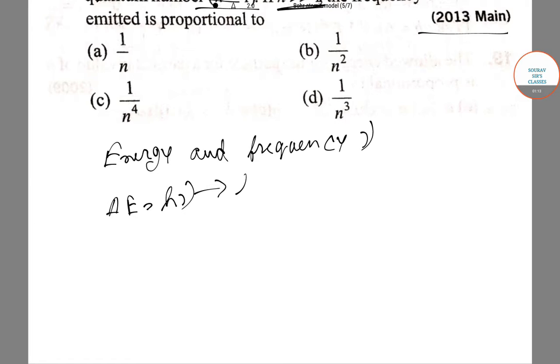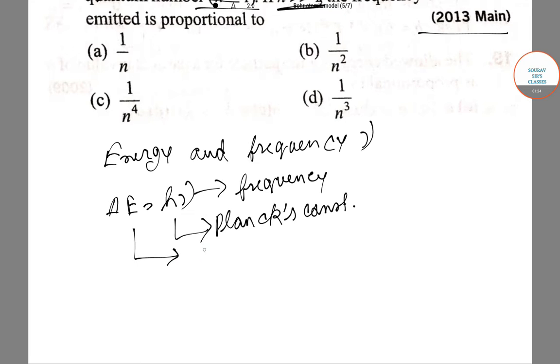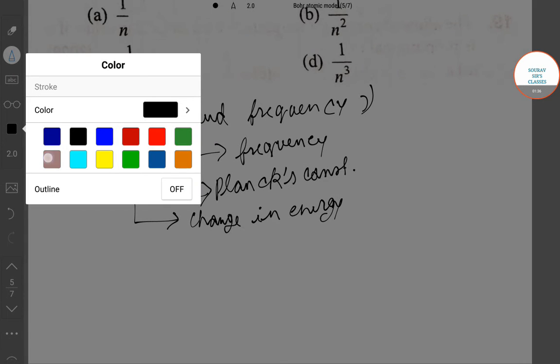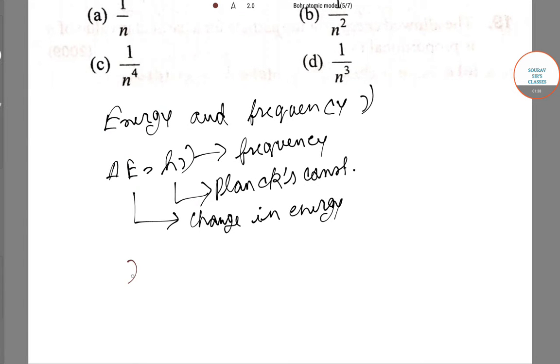Here nu is frequency, h is Planck constant, and delta E is the change in energy. So now we can write the frequency: nu equals delta E divided by h, the change in energy divided by Planck constant.